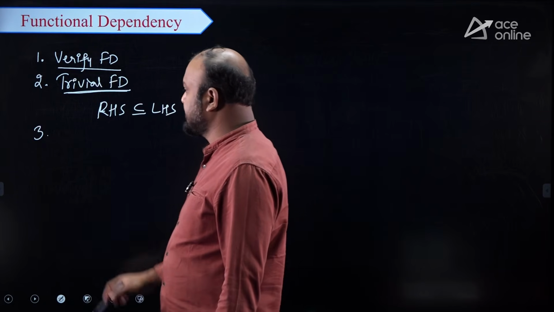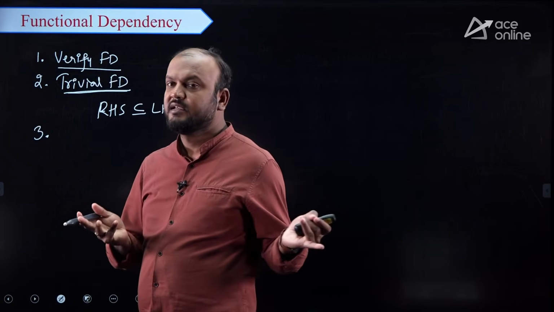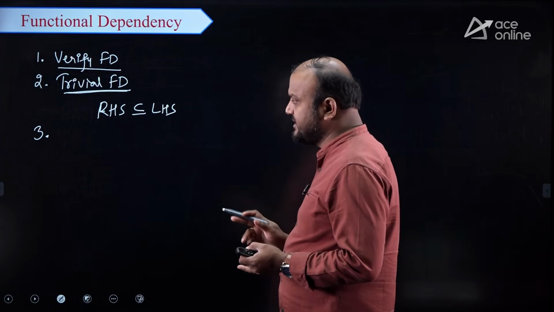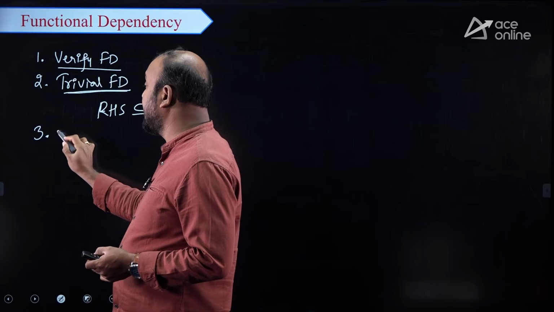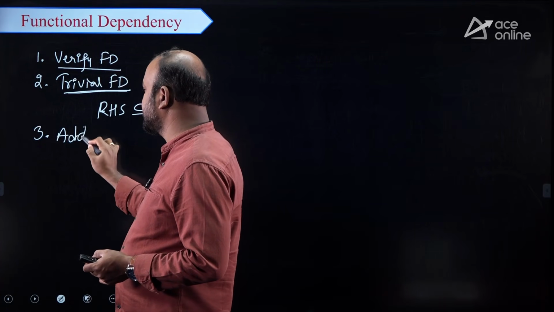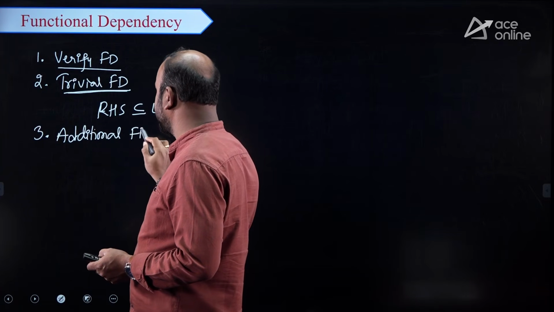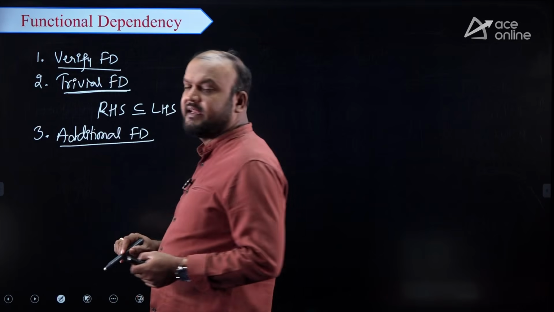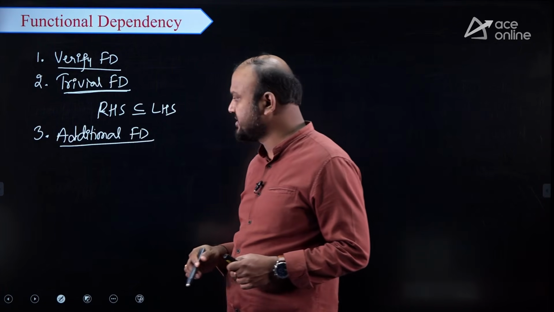And the third type of questions you can expect, after verifying FDs and trivial FDs, is about additional FDs, meaning if you are given some dependencies and asked which of the following FDs is satisfied on the relation.